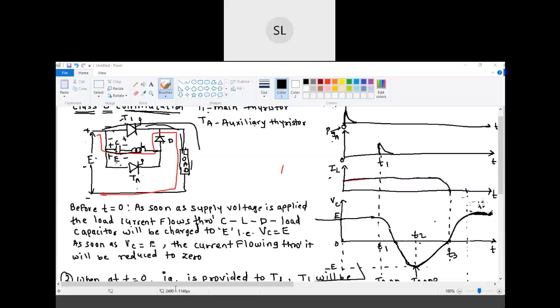By understanding the operation of the circuit, you need to draw the waveforms. It will be easier for you to draw the waveforms once you understand the operation. Otherwise, it will become tedious, a hectic job. If you try to avoid these things, the waveforms will look very difficult, because learning by heart is not an option here. You cannot memorize these waveforms. You need to understand them. First of all, you need to understand the operation of the circuit so that you will be able to draw these waveforms on your own.